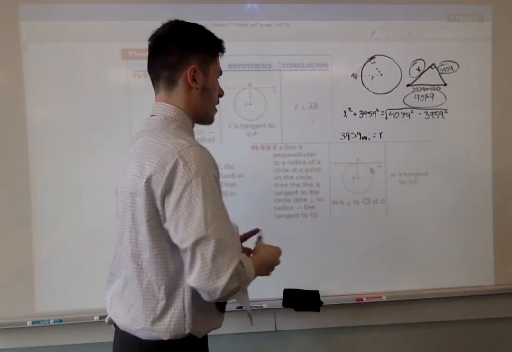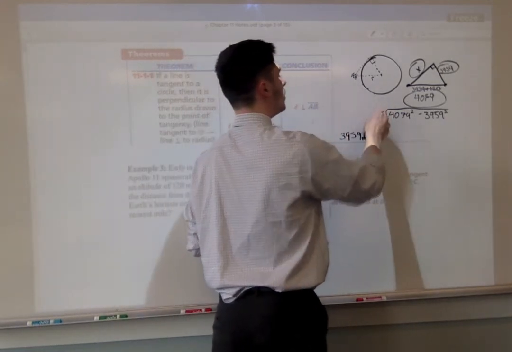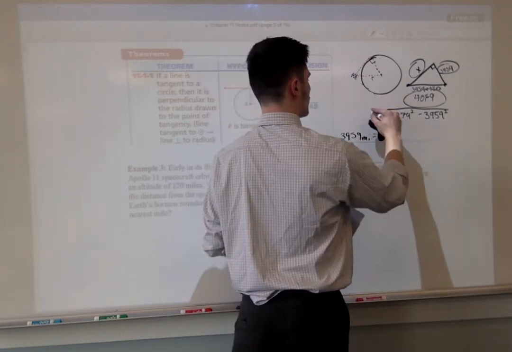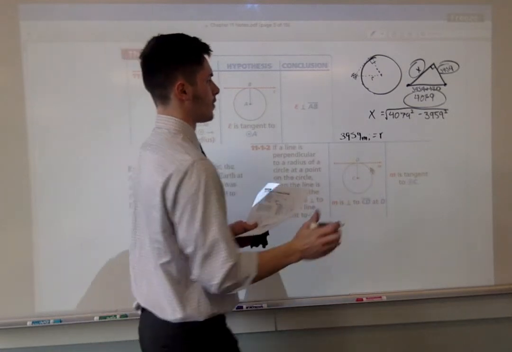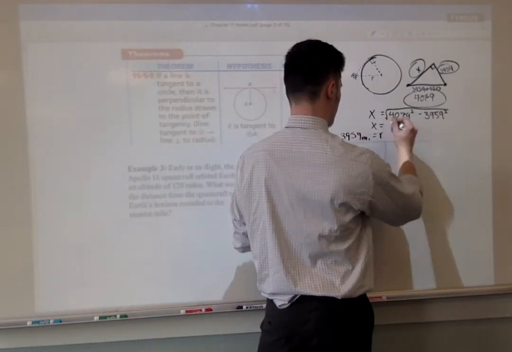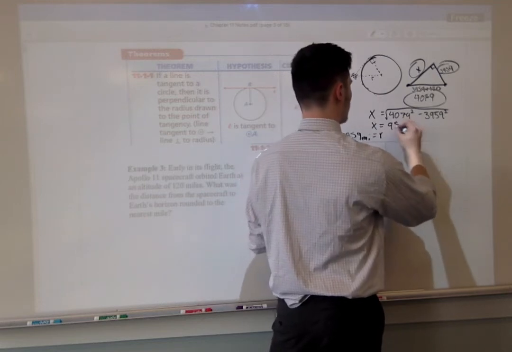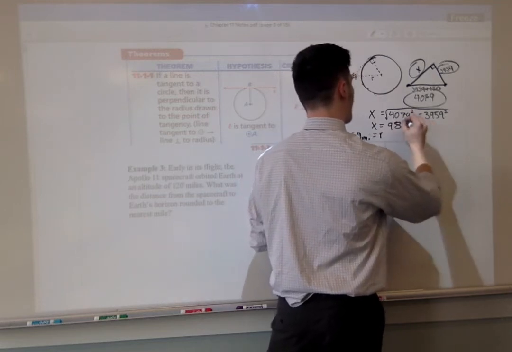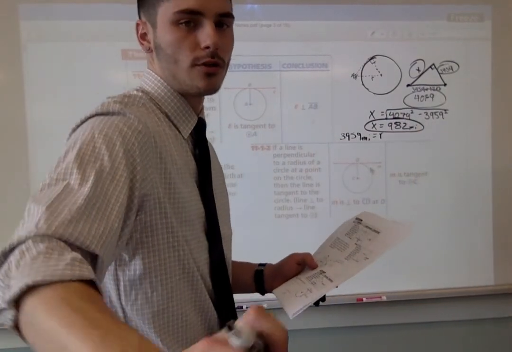And so we really have x equals the square root of this. And if we plug that into our calculator, we will find that x is equal to 982 miles. So there's my answer there, 982 miles.